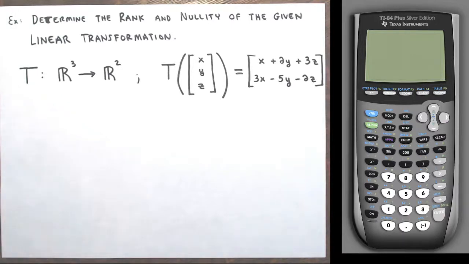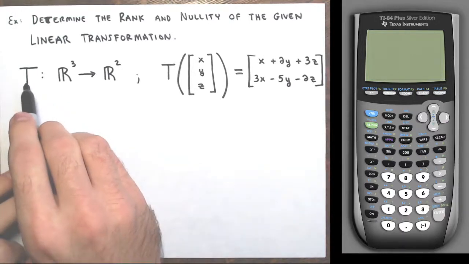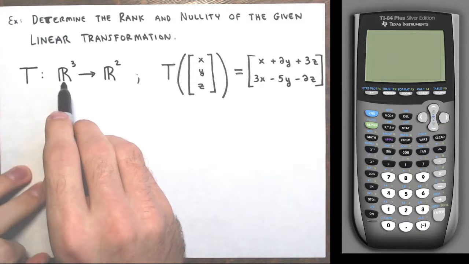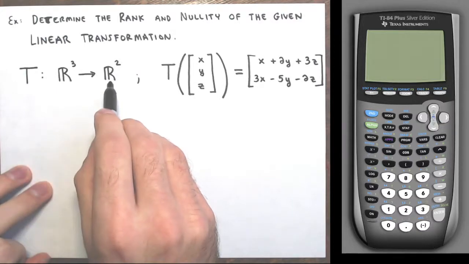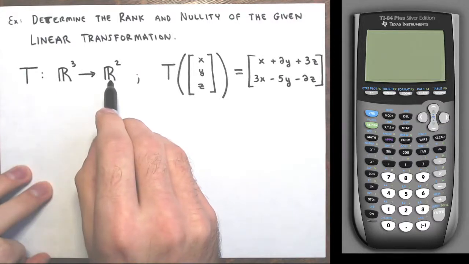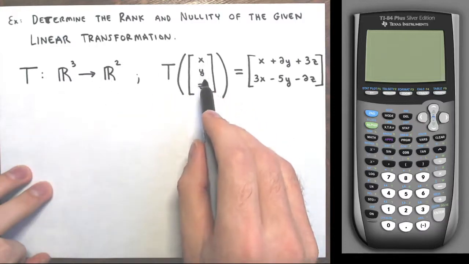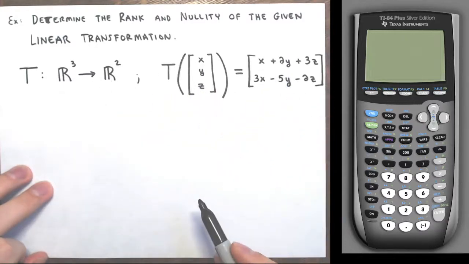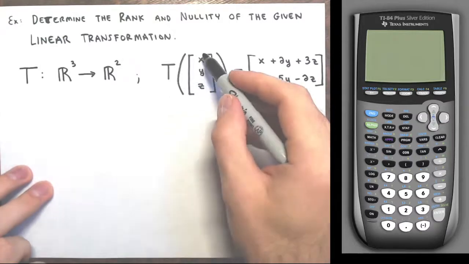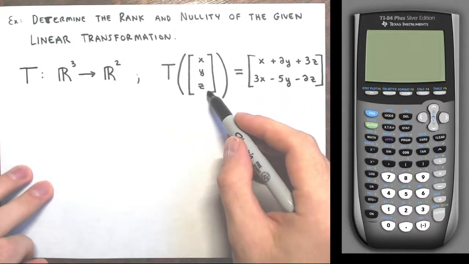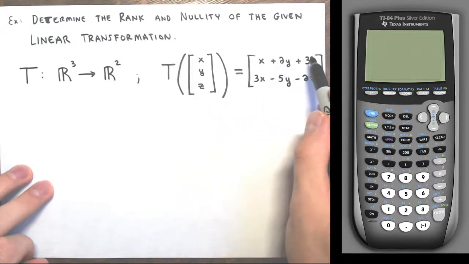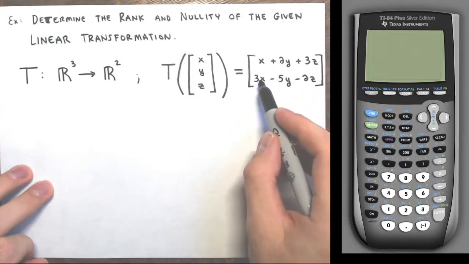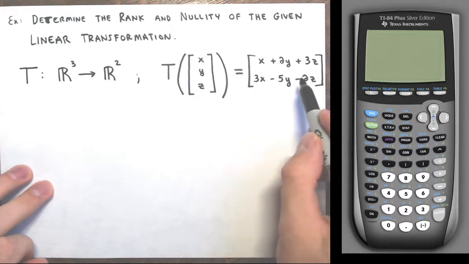All right, so here I have a linear transformation T, where my domain is R3 and the codomain is R2. So inputs have 3 components, outputs have 2 components. So T of (x, y, z) from R3 equals x plus 2y plus 3z for the first component, 3x minus 5y minus 2z for the second component.